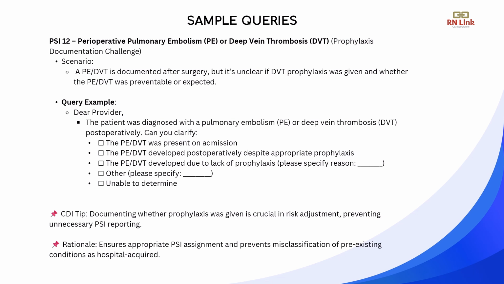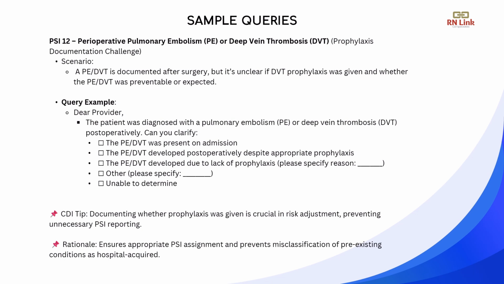Scenario. A PE/DVT is documented after surgery, but it's unclear if DVT prophylaxis was given and whether the PE/DVT was preventable or expected. Query example. Dear provider, the patient was diagnosed with a pulmonary embolism or deep vein thrombosis postoperatively.